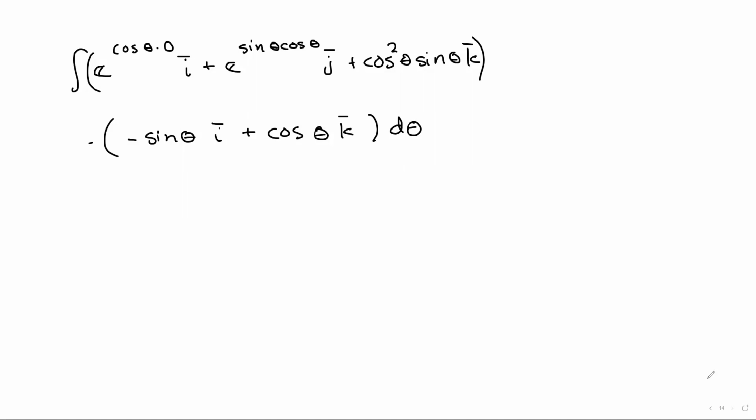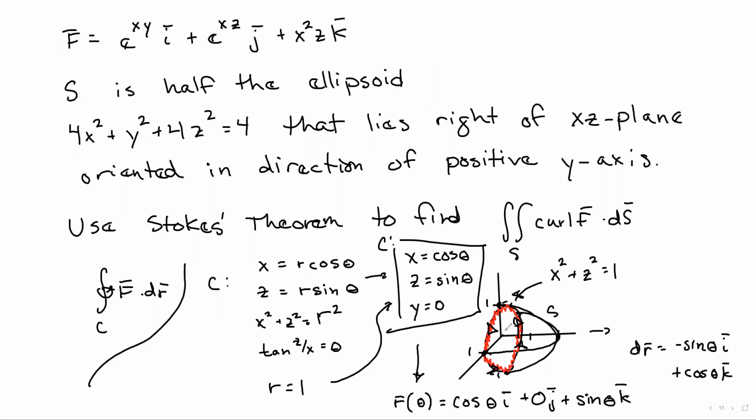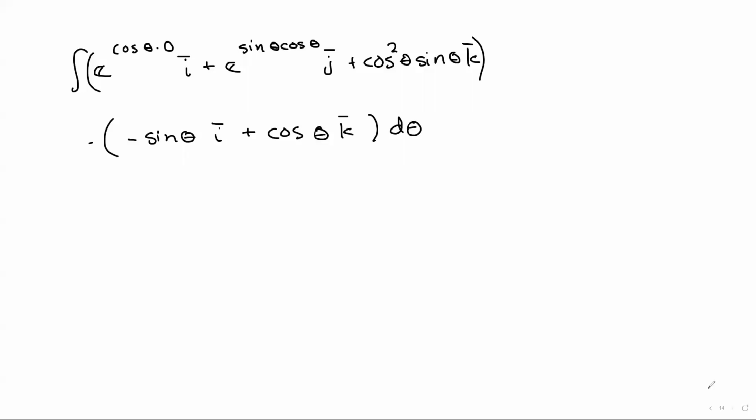And then we need the bounds. What bounds do we want? We want to go 0 to 2 pi.